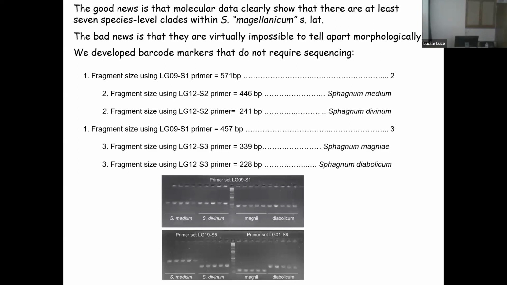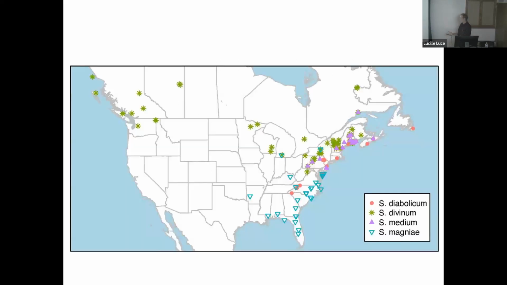First we separate medium and divinum, and once you know what it does at this first LG9S1 primer, then you go to the subsequent primer, and you can see that's the first step, the smaller and the bigger, and then separate the species. So this really works quite well. Not perfect. It would be nice to go out and know what we were looking at.